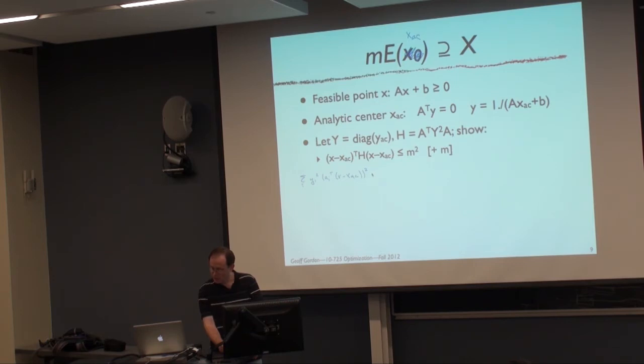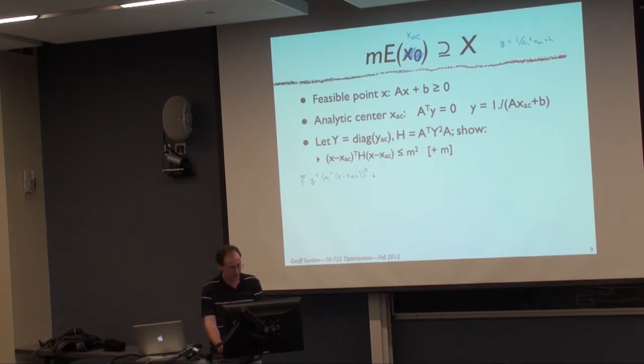And so we're going to do the same trick as before. We know that yi is equal to 1 over (ai transpose xac plus bi). And so I'm just going to substitute that for ai transpose xac here.